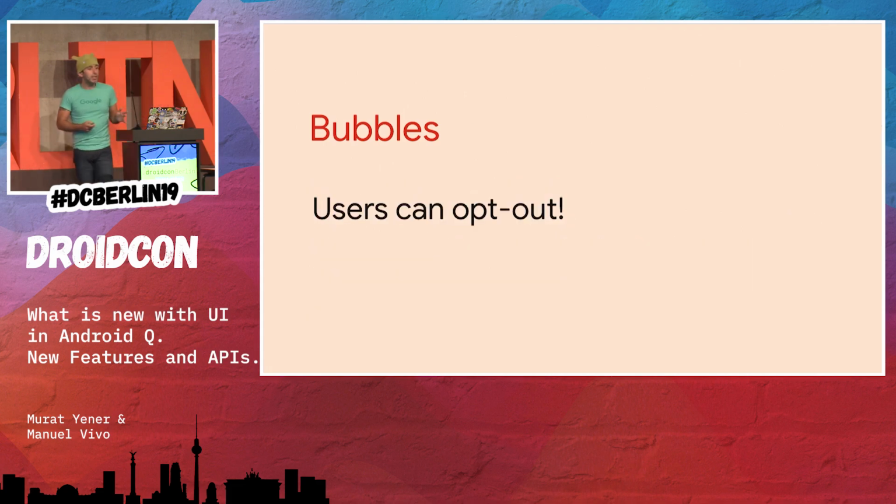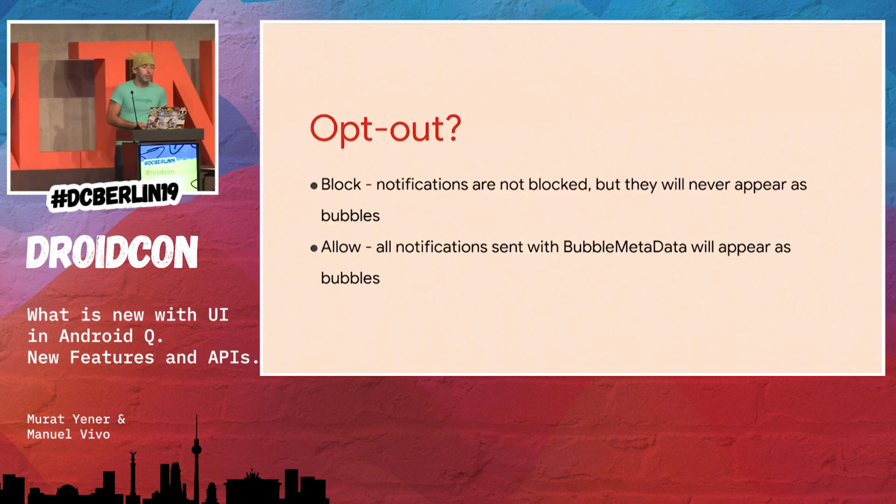And the best part is users can opt out anytime, because before the Bubbles API, it was only up to the app to disable the bubble, because system alert window is not really something the user can easily disable. When your first notification with the bubble metadata is triggered, the user sees a window asking if they want to see or block the bubble.